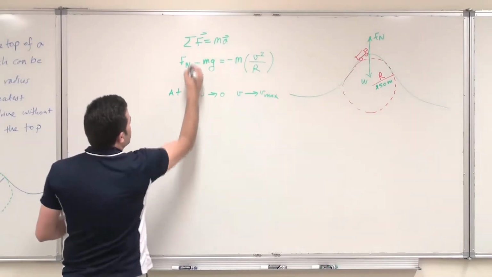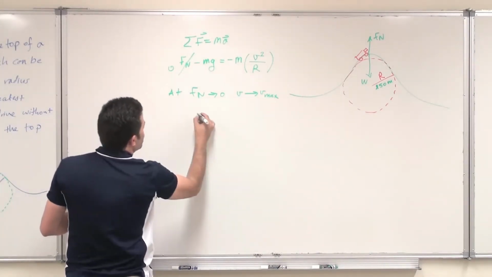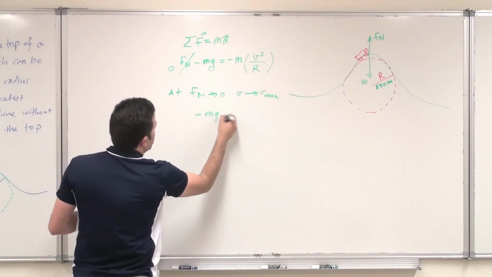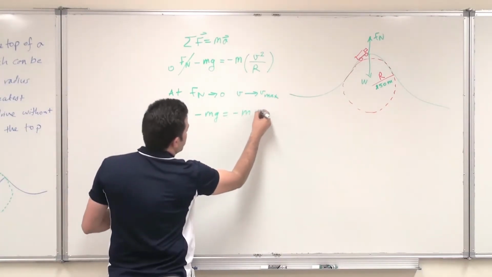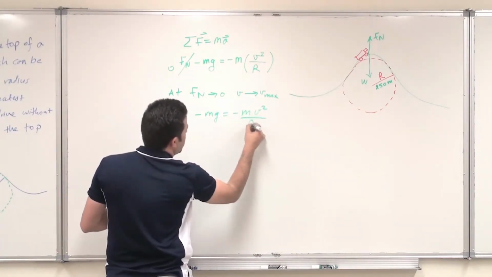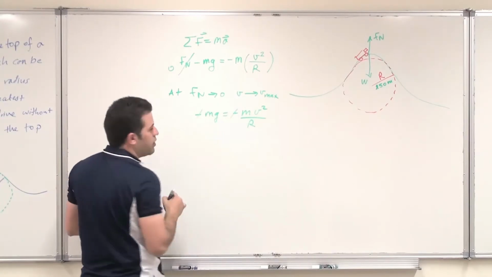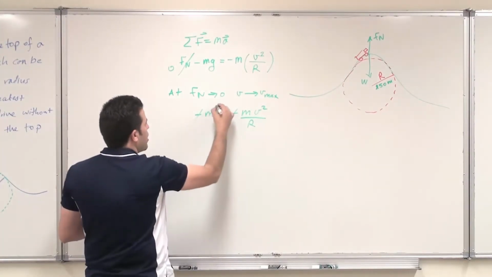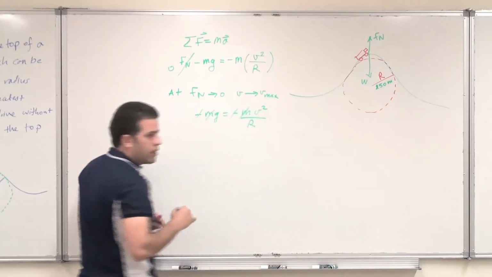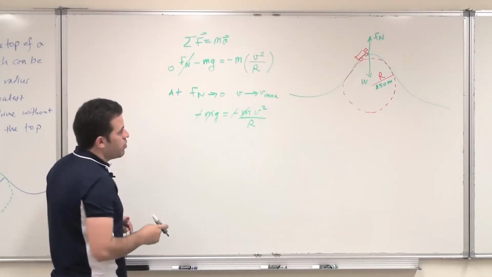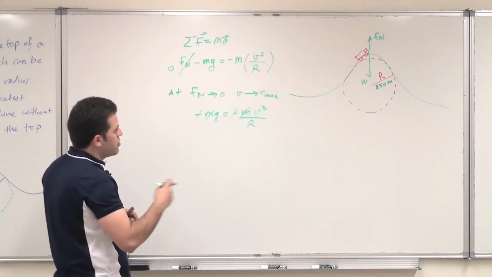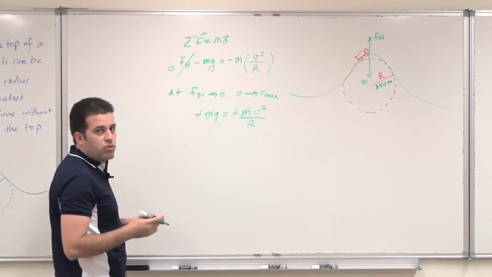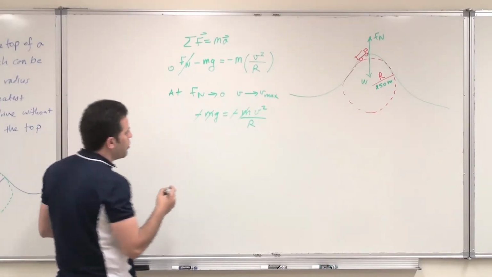So I need to set this as 0. So minus mg equals minus m v square divided by r. Of course, the negative sign will be cancelled from both sides, and also the mass can be cancelled, which means in such a problem, the mass of the car cannot be used, regardless of the mass of the car.